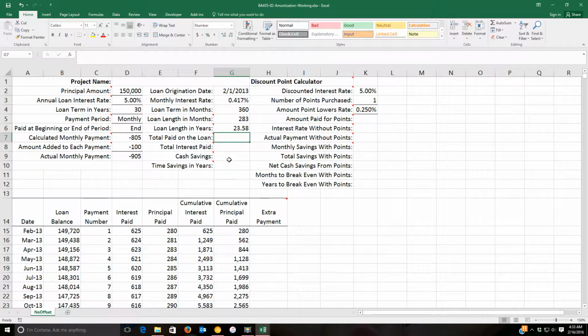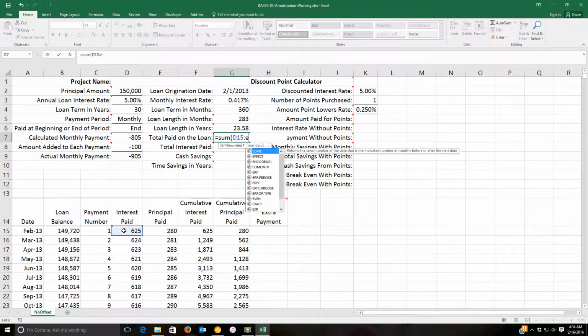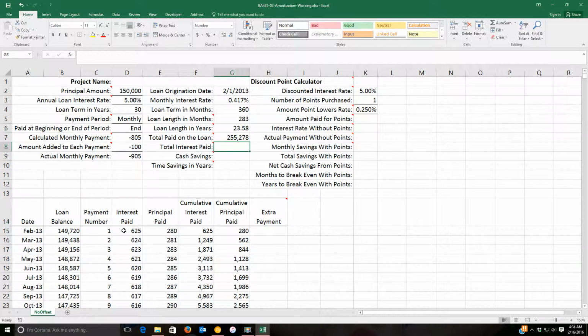So to do that, I'll put sum, and I'll begin with my interest paid, colon. Then I'll take that out, and I'll go over from D to E, because I can sum two columns at the same time. And we went down to row 2,614, and that will total up every amount that we paid and give us the value. That's how much we actually paid on the entire loan.